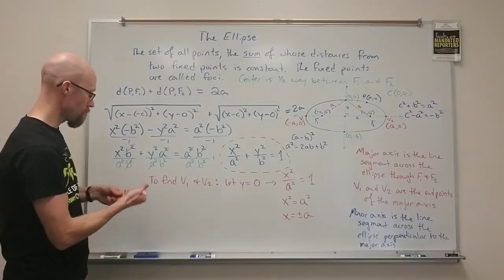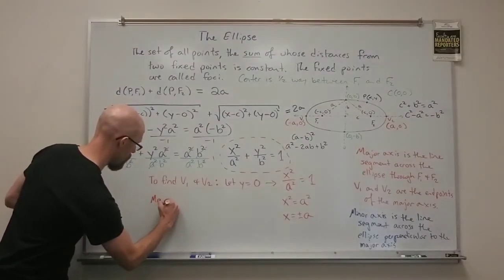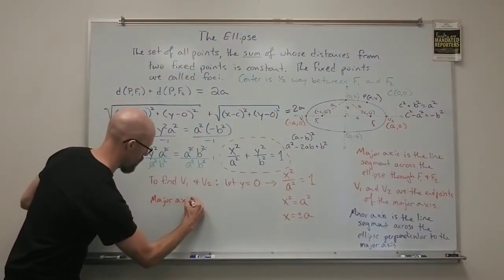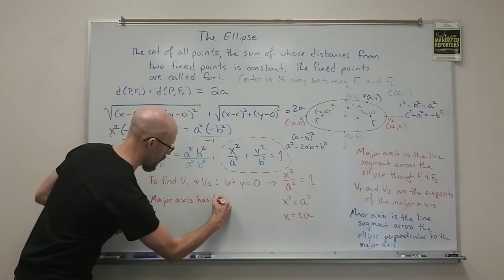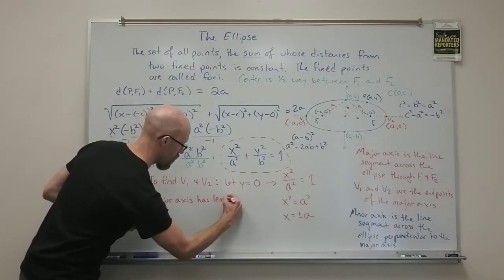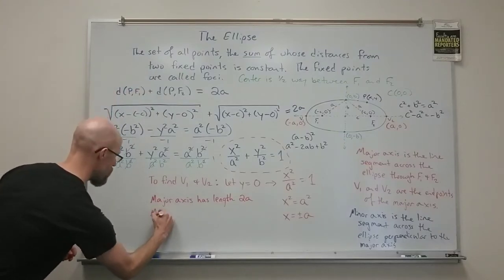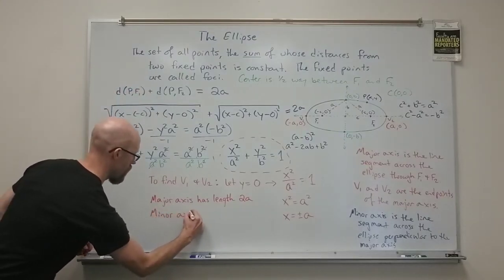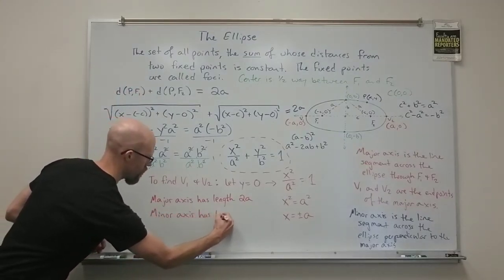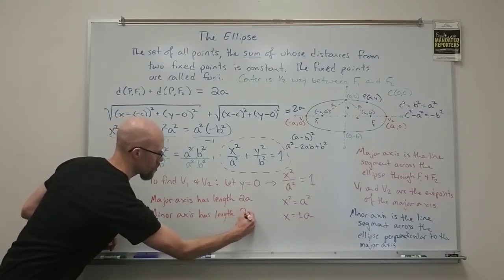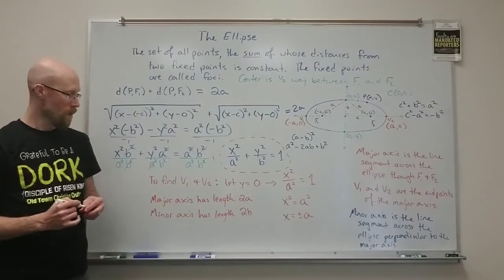And so the major axis has length 2a, and the minor axis has length 2b, all right?